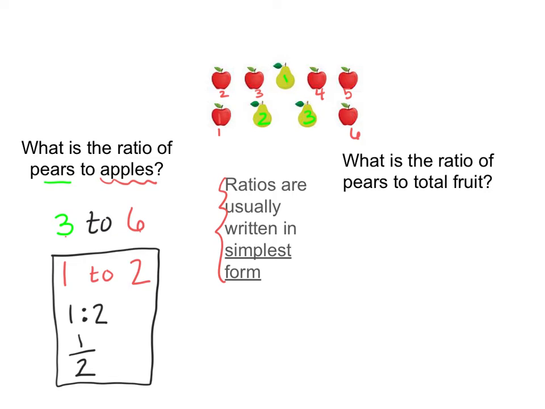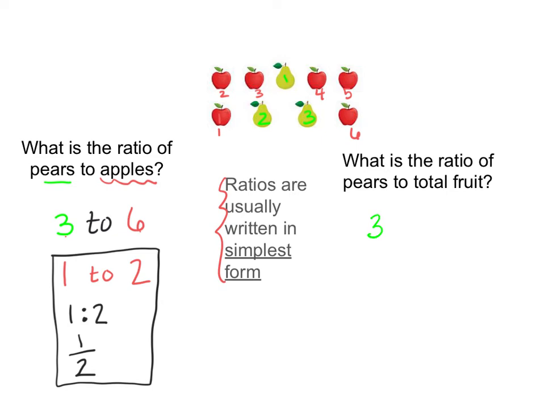Now, let's go on to the second part of this problem. It says, what is the ratio of pears to total fruit? Well, now I need to count. I have my pears, which is 3. So I'm going to write that down.